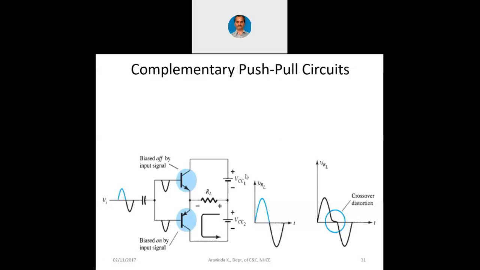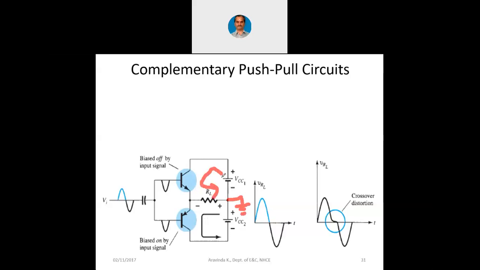Let me annotate. Now this is ground. With respect to ground, when the upper one is conducting, it is conducting this way, and the lower one is conducting this way.